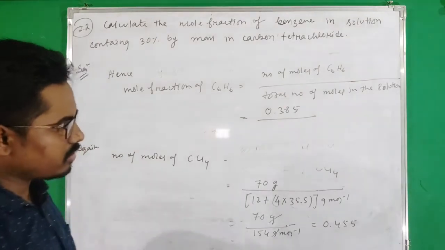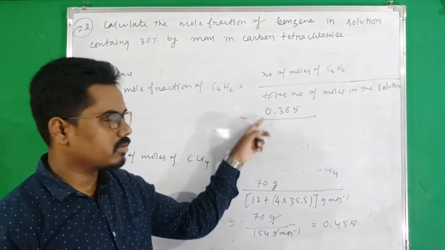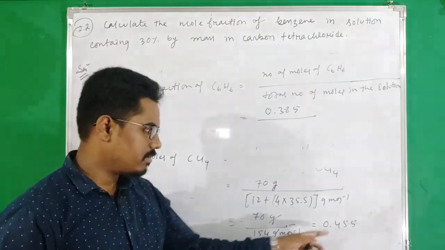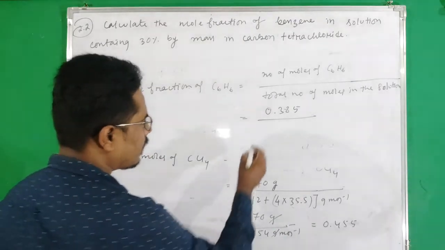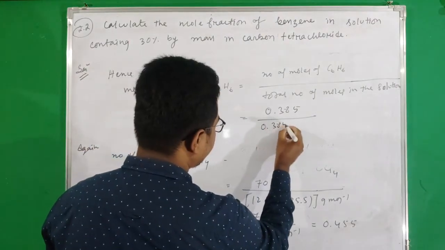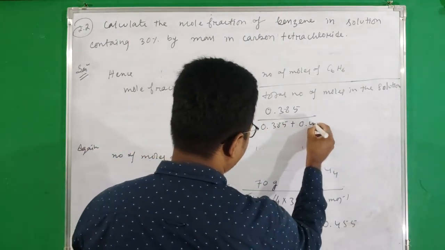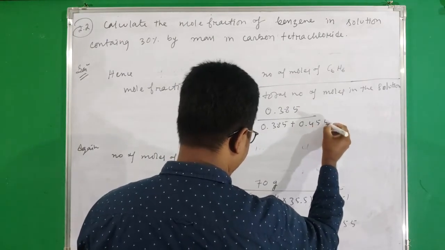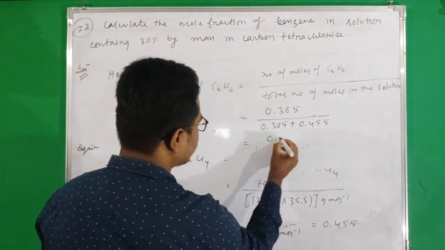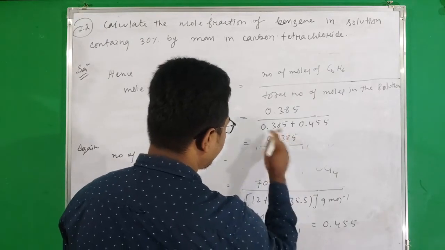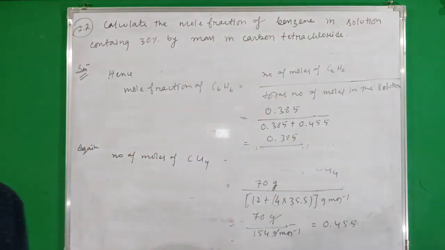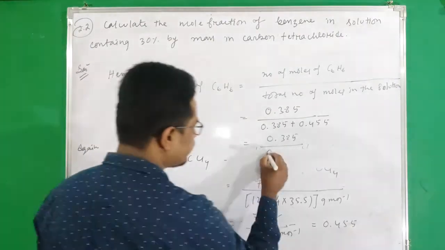To get the total number of moles, we have to add the number of moles of benzene plus the number of moles of carbon tetrachloride. So hence 0.385 plus 0.455. Okay, 0.385 divided by, if you add this one, then you will get 0.84.